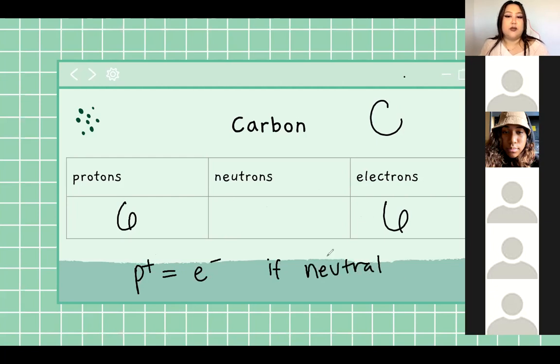Okay, neutral as in if it's not an ion. So for the number of neutrons, remember that the number of protons plus the number of neutrons equals the mass. So how many neutrons are there?